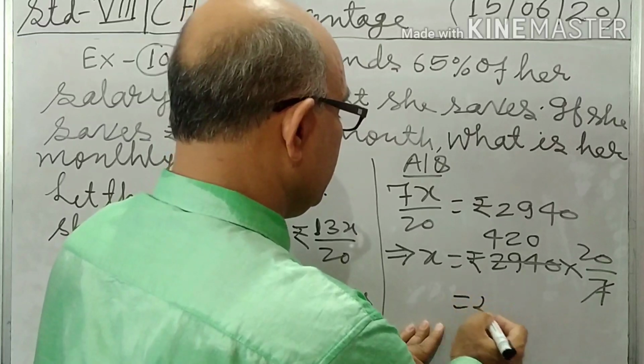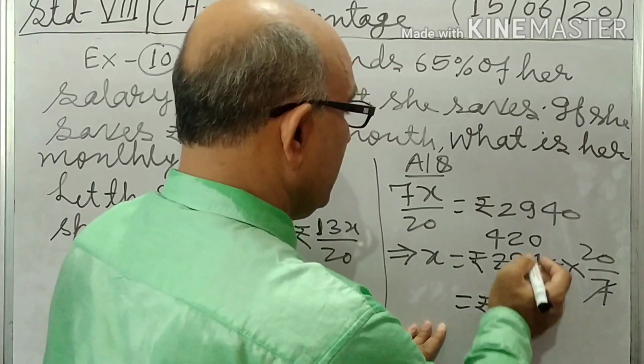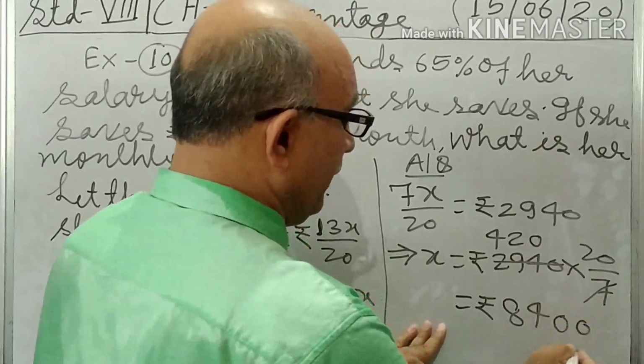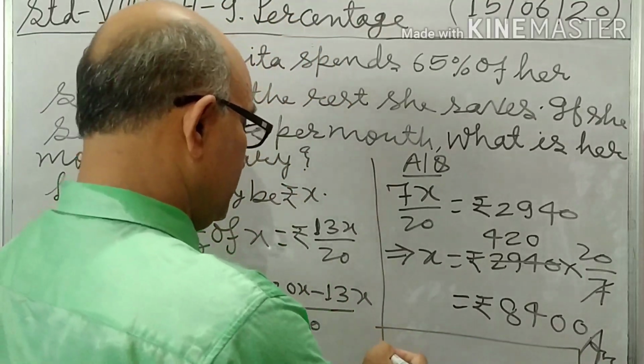Now multiply it: rupees 42 twos are 84 and double 0, 8,400. Answer.